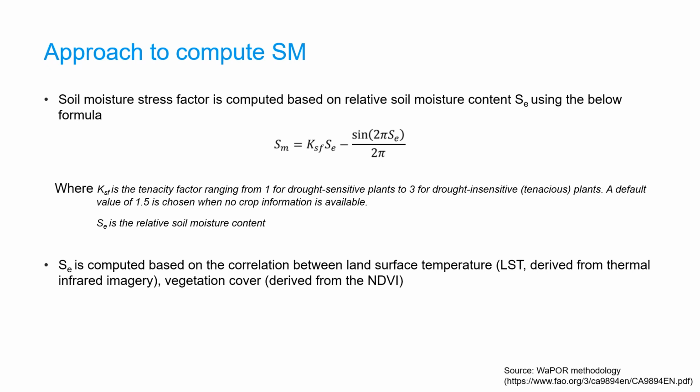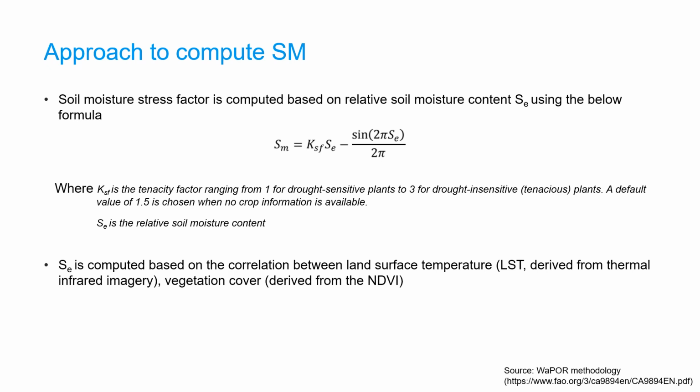Another important component in the computation of net primary production is the soil moisture stress factor, or SM. The SM is computed based on relative soil moisture content, SE, using the formula given in this slide. The soil moisture stress factor is based on two variables.